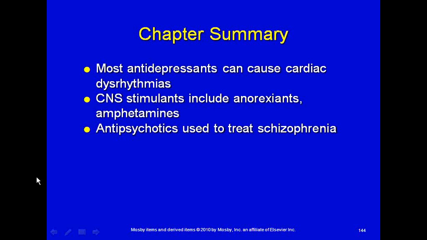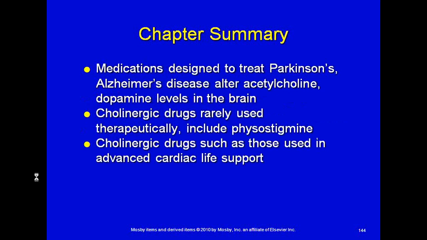CNS stimulants include anorexiants and amphetamines. Antipsychotics are used to treat schizophrenia as well as a variety of psychotic disorders. There are medications out there used to treat Parkinson's disease and Alzheimer's disease, and they alter acetylcholine and dopamine levels in the brain in doing so. Cholinergic drugs are rarely used therapeutically.